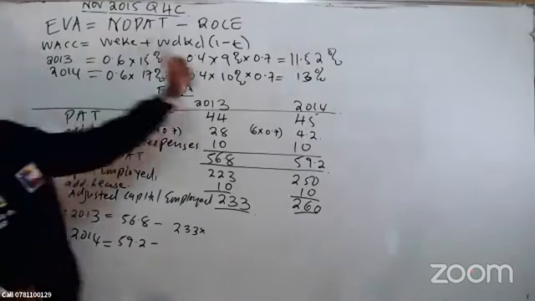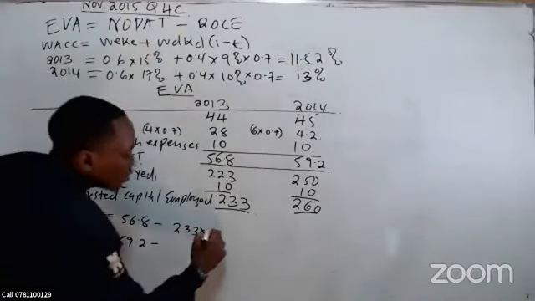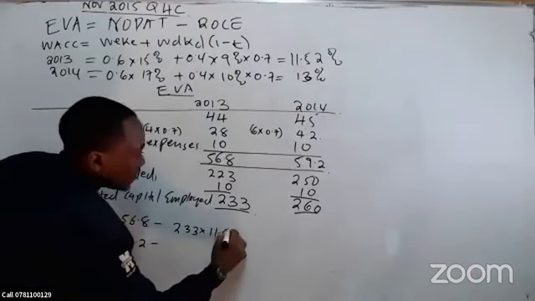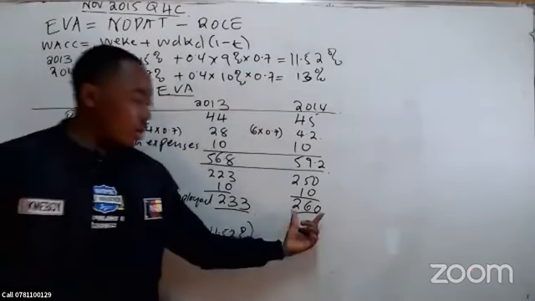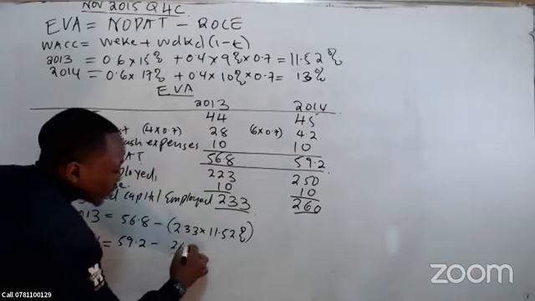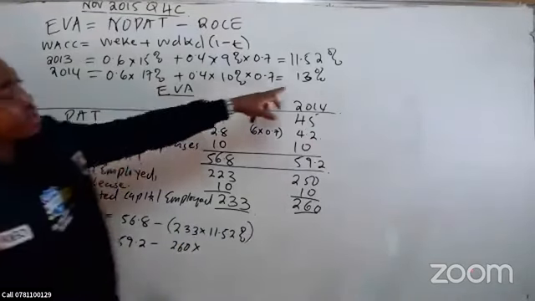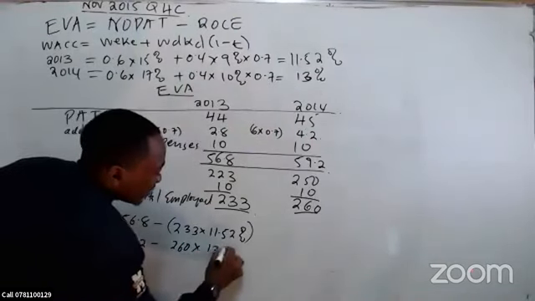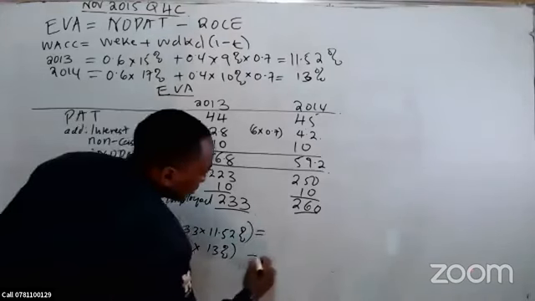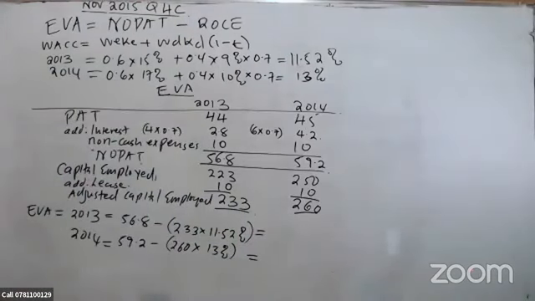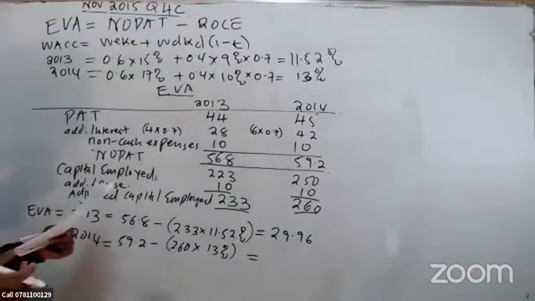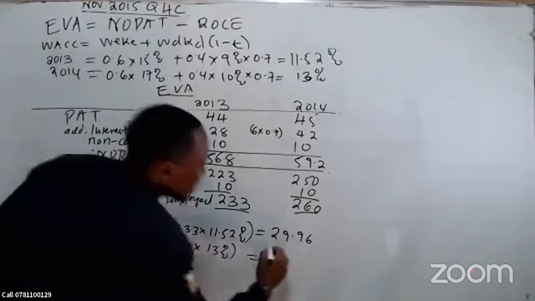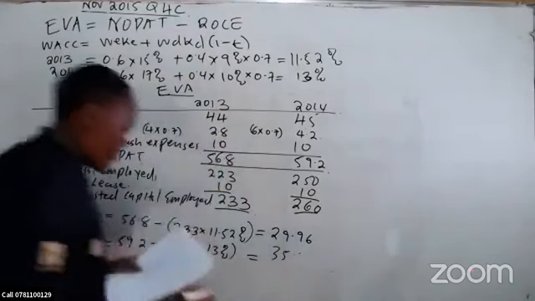For 2013, the cost of capital was 11.52%. For 2014, the capital employed was 260, and the cost of capital in this case was 13%. So for 2013 you get 29.96, and for 2014 you get 25.4.